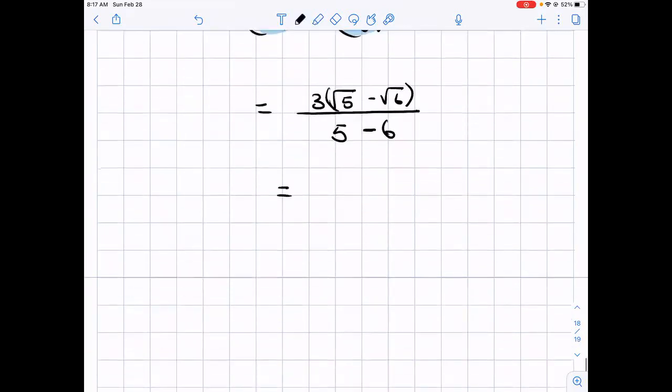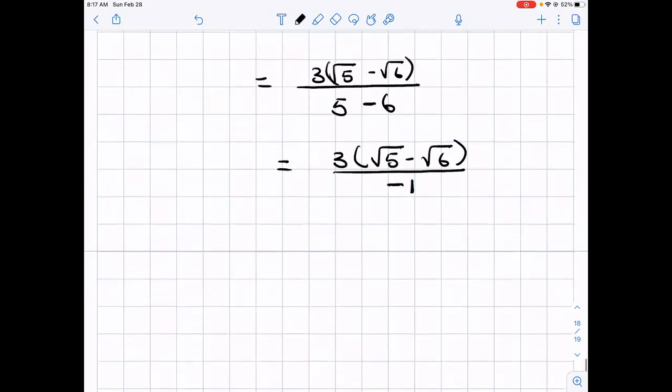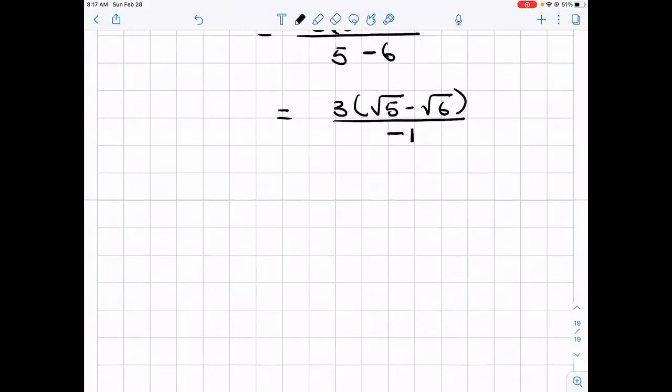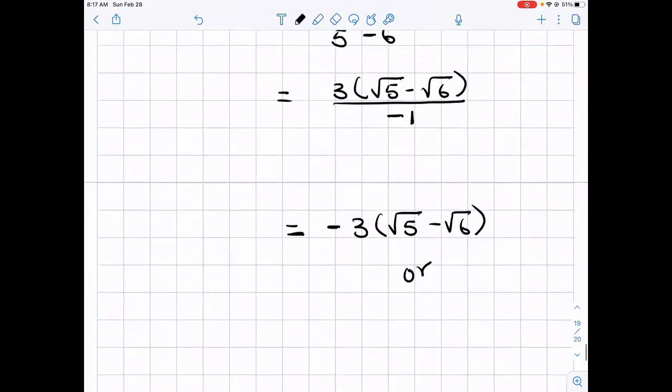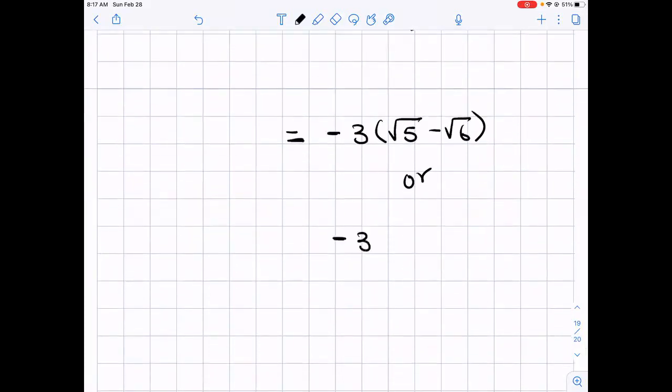So I'm left with 3 times the root of 5 minus the root of 6, everything over -1. And if I divide that by -1, we can write -3 times the root of 5 minus the root of 6, or we can write -3 root 5 plus 3 root 6.